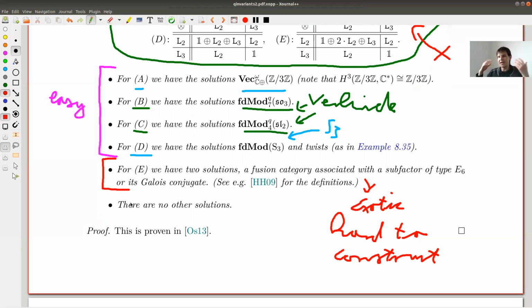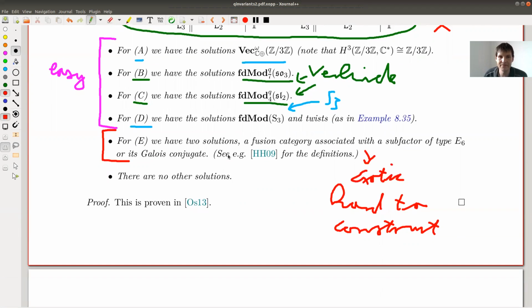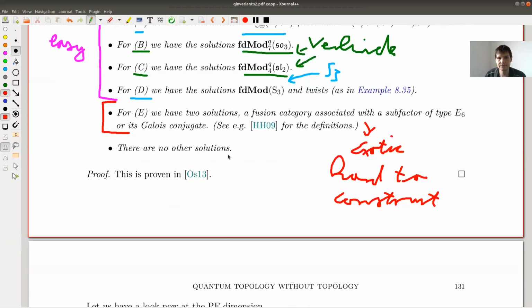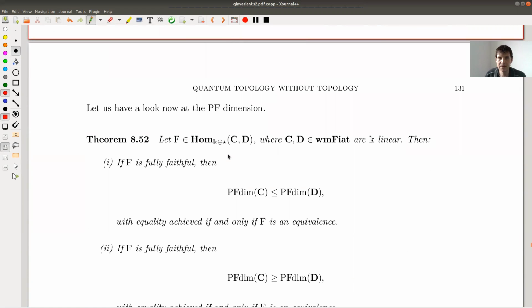You have nice families that you like, and then you have some exotic things, which are usually hard to understand because they're exotic, right? Exceptional things are usually hard to understand. But in some sense, it's kind of funny because they're exotic, so you shouldn't care too much. But they will turn up, so you should be aware that they will turn up. And then I kind of want to go to the next part, right?